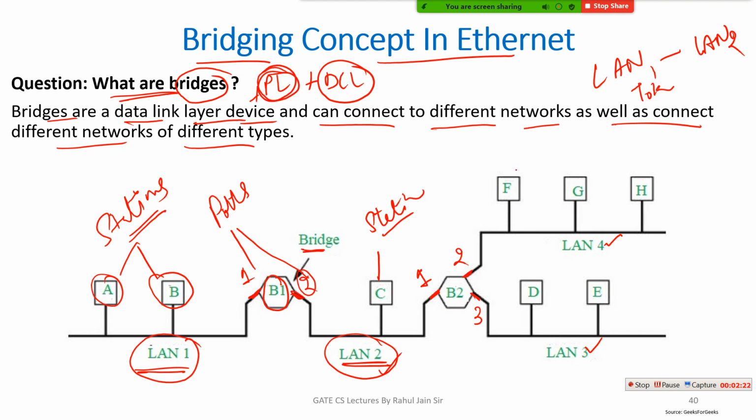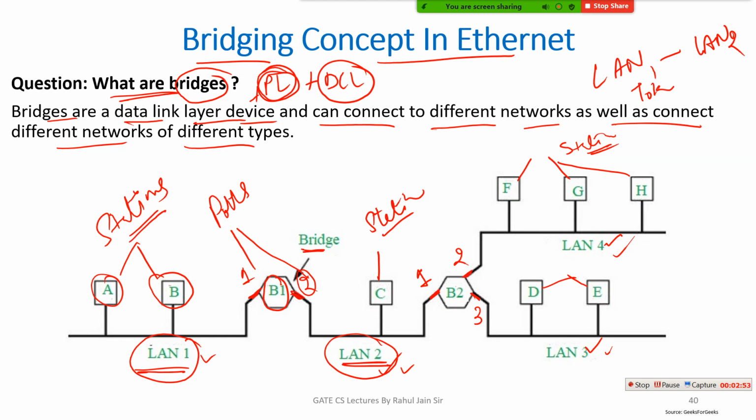In LAN 4 I have three stations, namely F, G and H. Basically you can say they are host machines or PCs connected to LAN 4. In LAN 3 I have two more machines, D and E. So this is the typical architecture of bridges, how they are connected with different LANs. Here LAN 1, 2, 3 and 4 are connected using bridges.